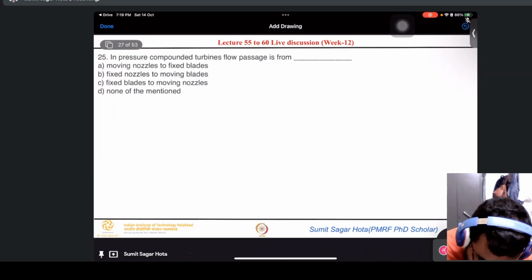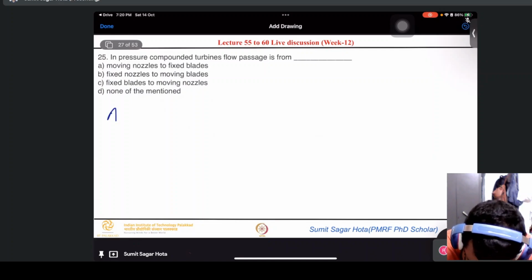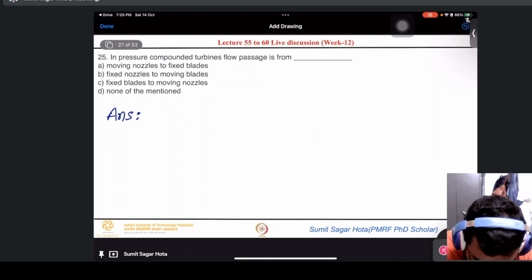In a pressure compounded turbine, the flow passage is from dash. Okay, same question, just true or false, and in the MCQ the same question can be asked in two ways, so that I only show here.